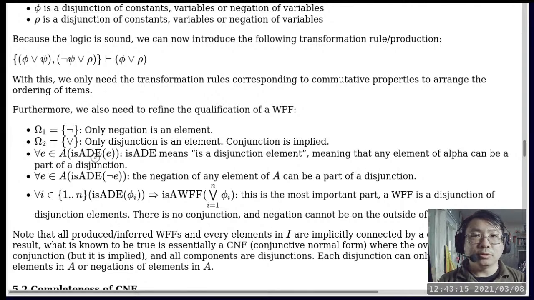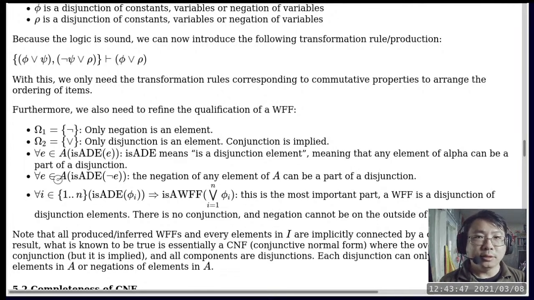And we'll also change the way we define is a well-formed formula by introducing this new predicate, which is a disjunctive element. Is a disjunctive element for all e in alpha. So what we see as uppercase A is actually alpha. Everything in alpha by itself is automatically known as a disjunctive element. That forms the base case.